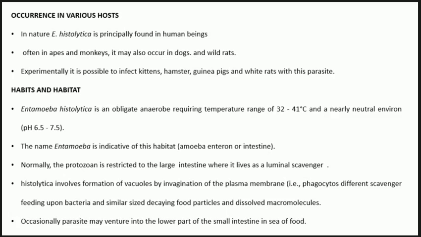You may see a pH of 1 or 2 in the stomach, but once they enter the intestine, it is alkaline, but still 6.5 to 7.5, that is the range. And they may sometimes be found in blood, whose pH is also neutral.